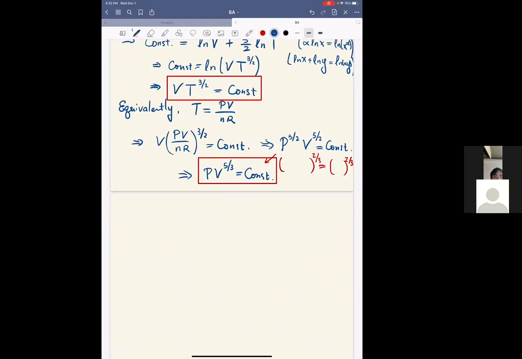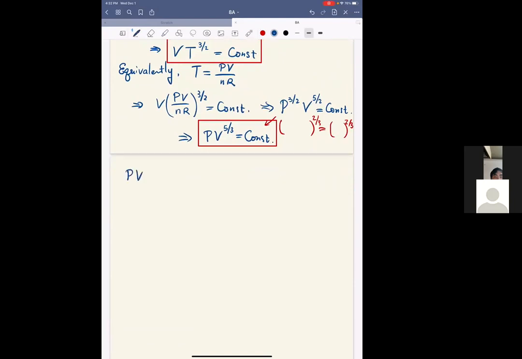So usually people will describe the relation as PV to the gamma equals to constant, where gamma is actually some value that depends on the type of the gas. And we've shown that for monoatomic gas, gamma equals to 5 over 3. But more generically, we can establish some relation between the gamma here and the coefficient there in the internal energy.